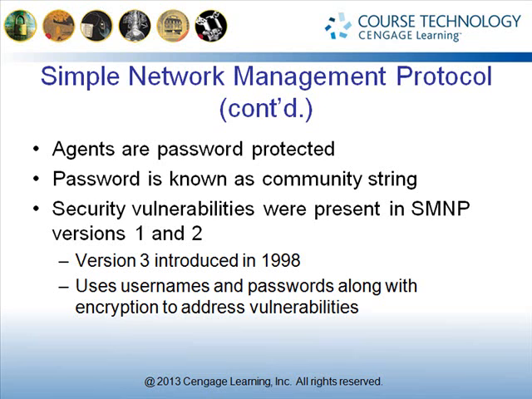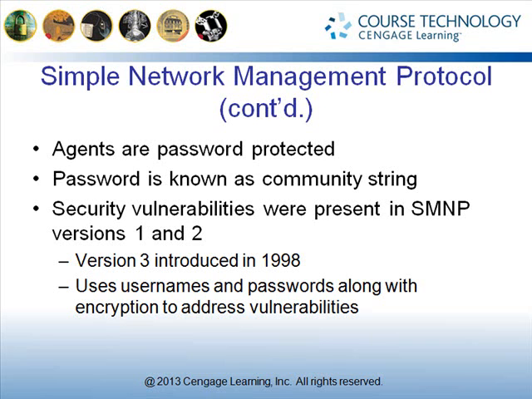There were, unfortunately, several security vulnerabilities with the use of community strings in the first two versions of SNMP, known as SNMP v1 and SNMP v2. The default SNMP community strings for read-only and read-write were public and private, not very secure there. And administrators who didn't change these default strings could be left open for an attacker taking control of the device.